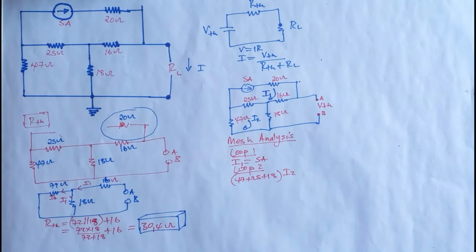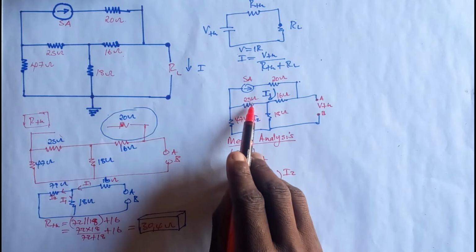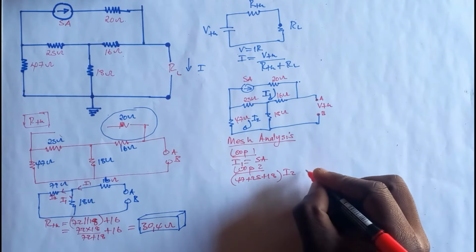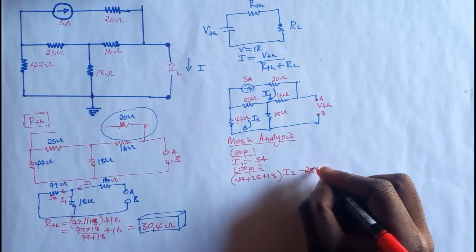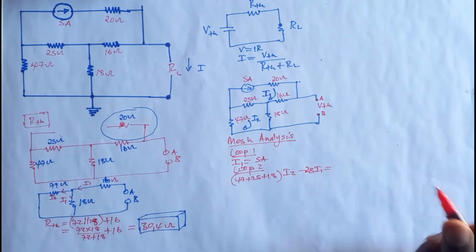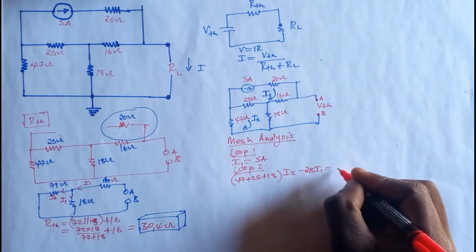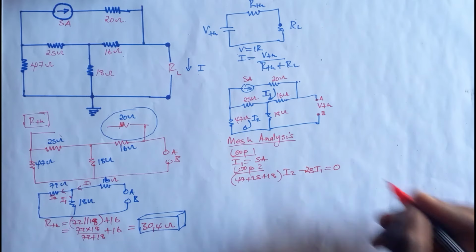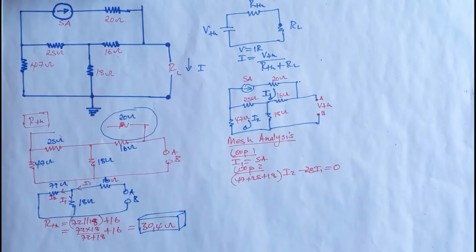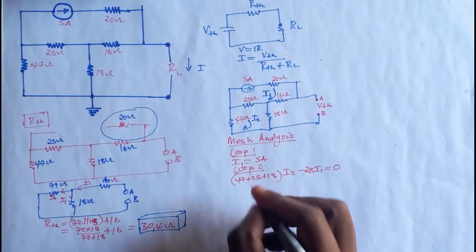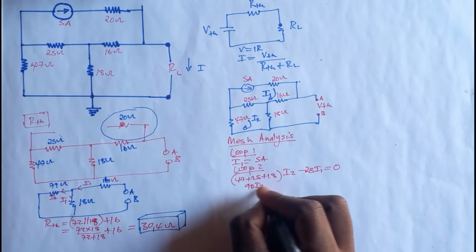But you should know that the 25 ohm resistor is also found in loop 1, so I'm going to say minus 25 I1. We don't have any voltage source, so this is equal to 0. Now if we add 47 plus 25 plus 18, we get 90 I2.